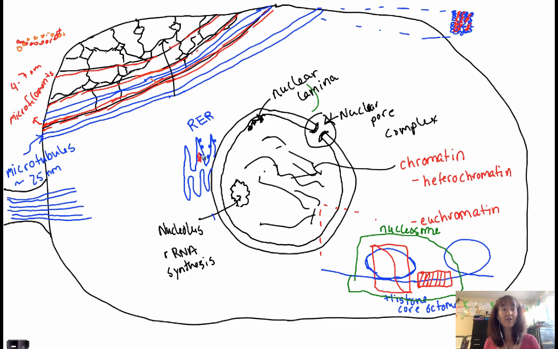Now, these proteins are very different than a protein that would be synthesized by a ribosome out in the cytosol, because these are going to be either secreted outside of the cell, or they're going to be delivered to the membrane, and they're going to be membrane spanning proteins.